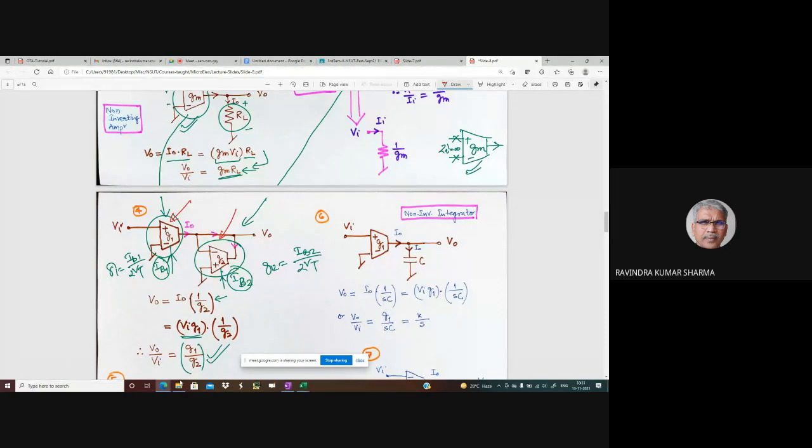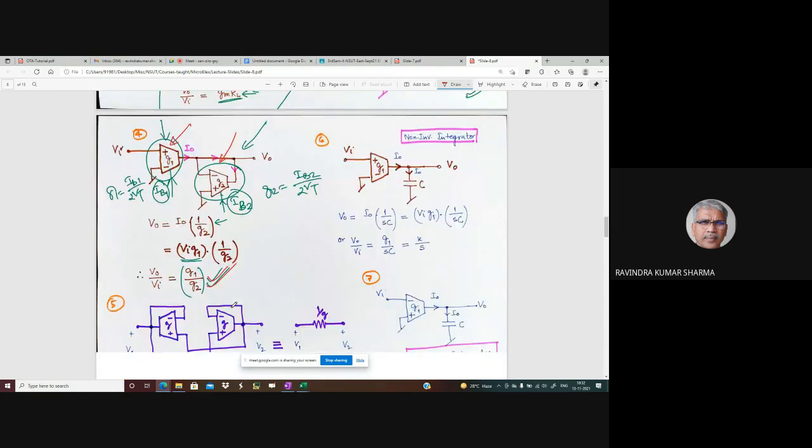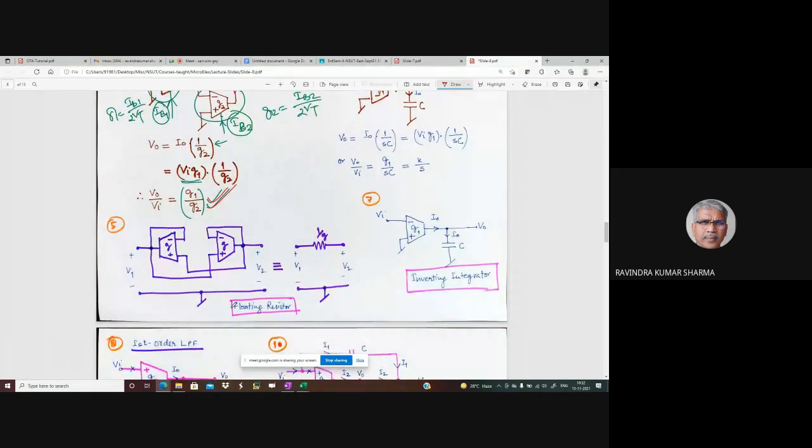And it is an electronically controllable voltage amplifier. Is that okay? Is that fine?